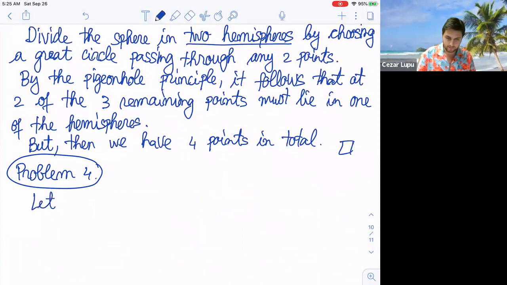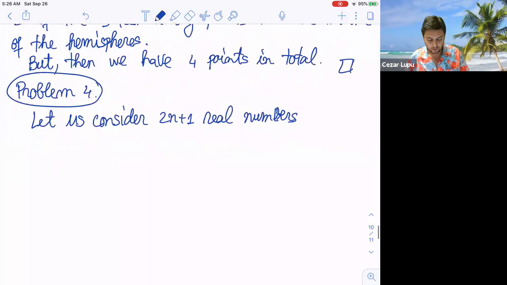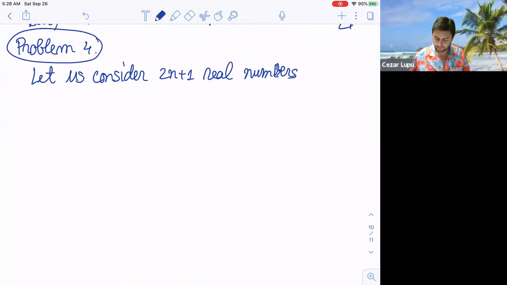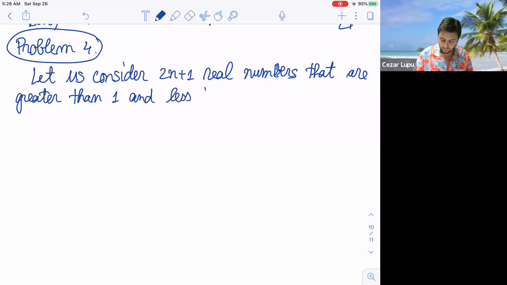Let us consider 2n plus 1 real numbers that are greater than 1 and less than 2 to the power n, let's say.